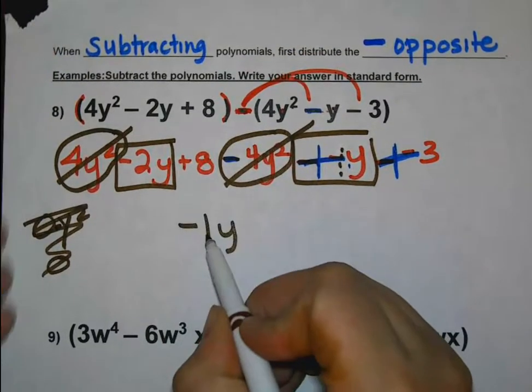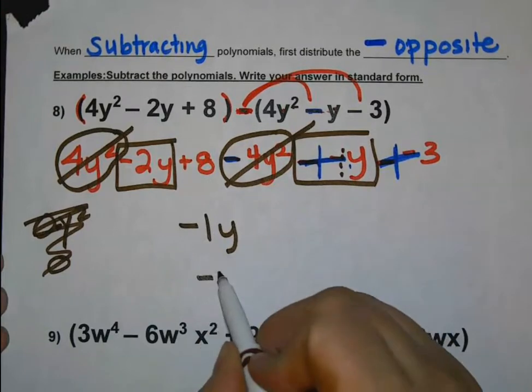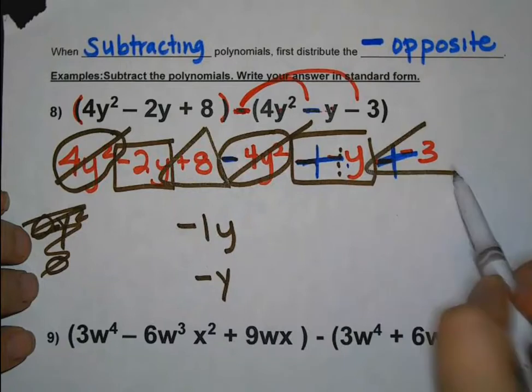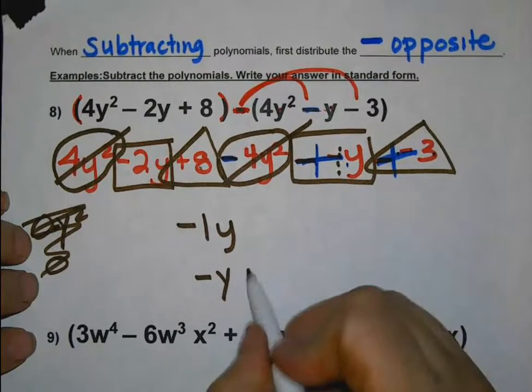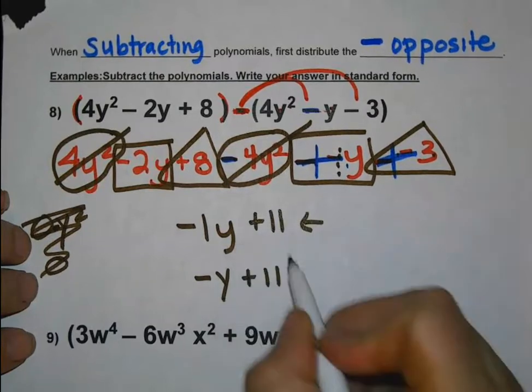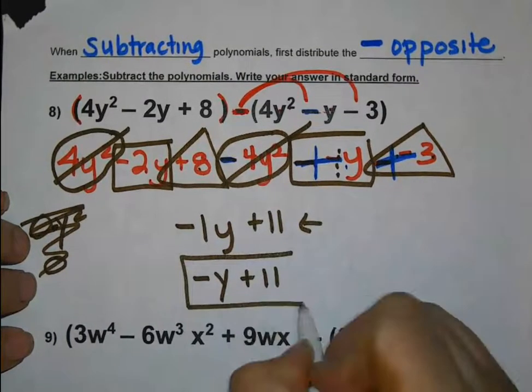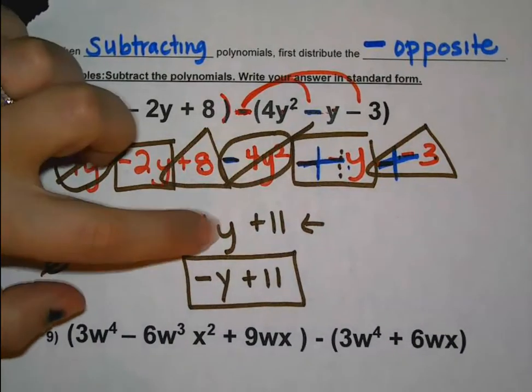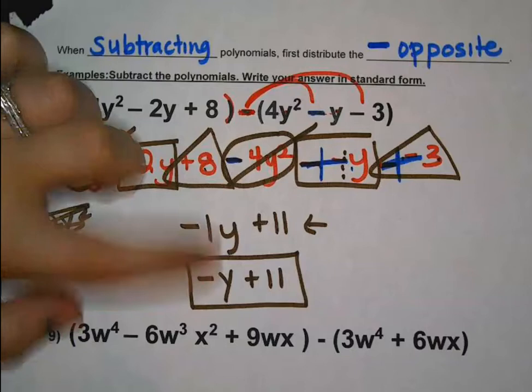And remember, when you have a 1 in front of a variable, you don't need it. And then we could put the 8 with the 3, and 8 plus 3 is 11. So it's not that this is wrong right here, but this is the best one because it's most simplified. 1 times anything is just itself, so why even bother?